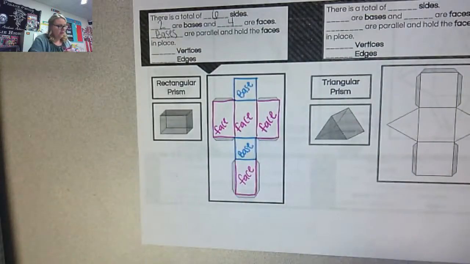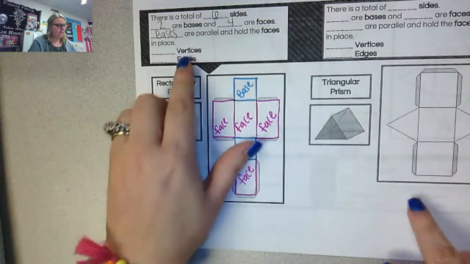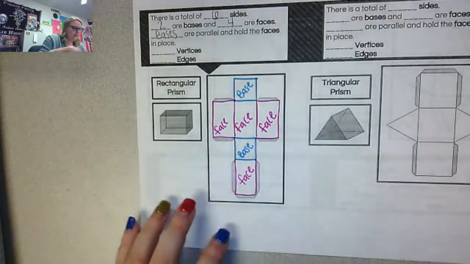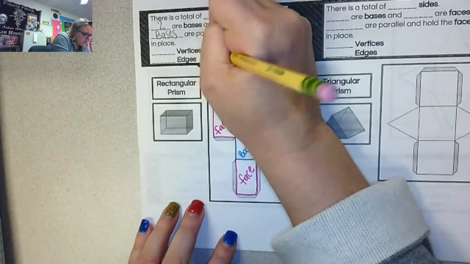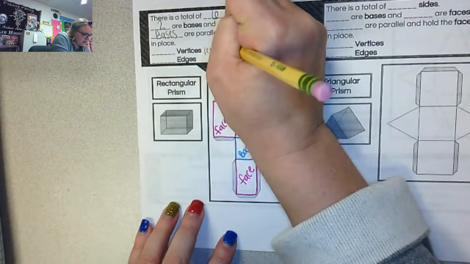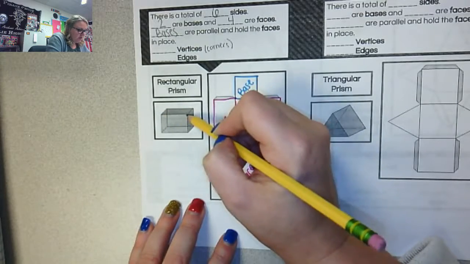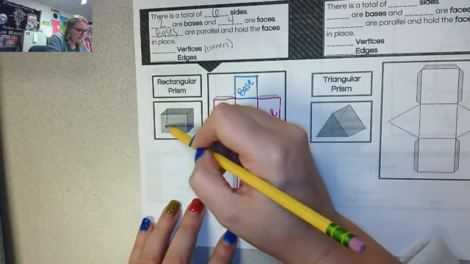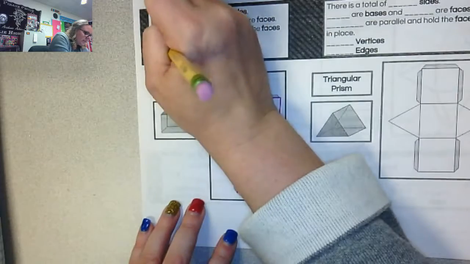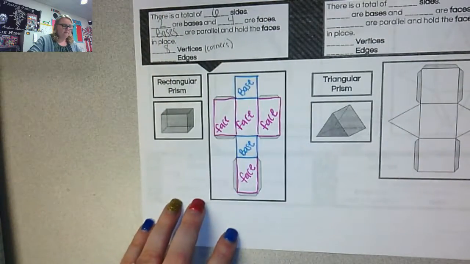Okay. Then the next thing we were talking about is vertices. Vertices is a fancy name for corners. So we're going to come to the picture and we have 1, 2, 3, 4, 5, 6, 7, 8 vertices. So 8 vertices.